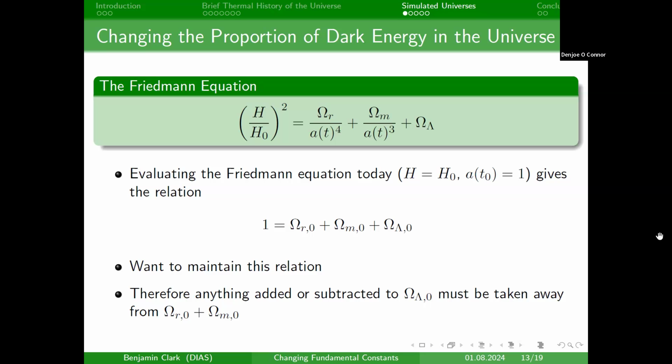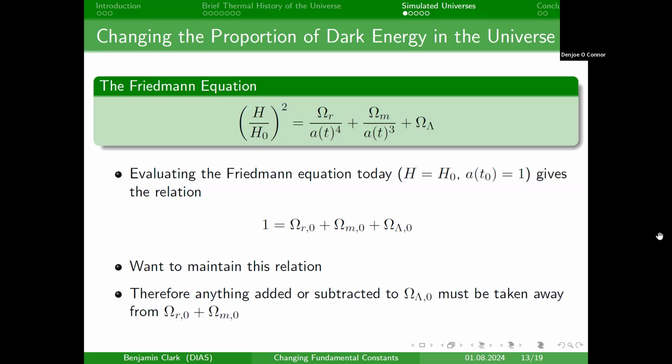And we find a, which is the scale factor, which measures the expansion. We set that equal to 1 for today. It is fairly arbitrary, but it's the done thing. That then gives us this relation here.